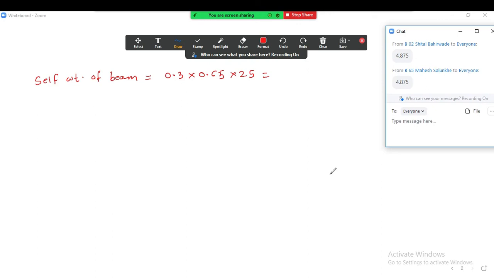It is 4.875 kilonewton per meter. This all comes under dead load. And what is the dead load given? It is given already in the problem. The dead load given is 10 kilonewton per meter.